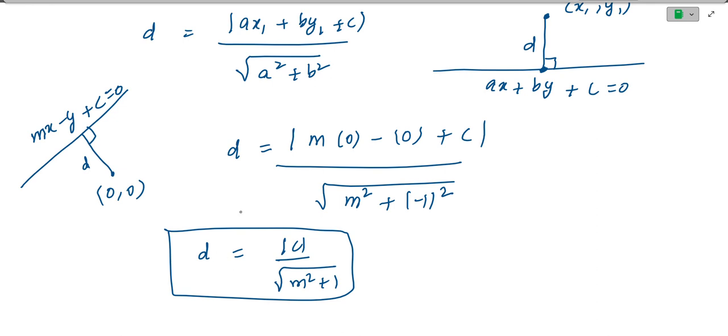So now this should be equal to the radius of the circle according to the tangent condition to a circle. So what I have to do, I will equate this to the radius of the circle. Radius is equal to the distance from the center of the circle to the straight line.